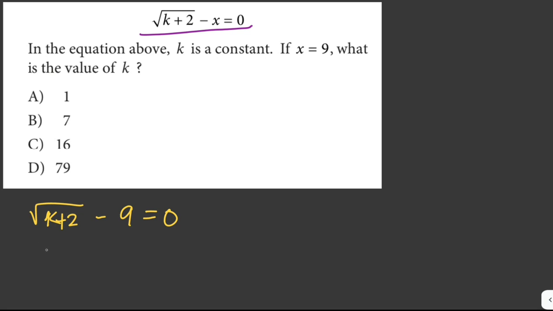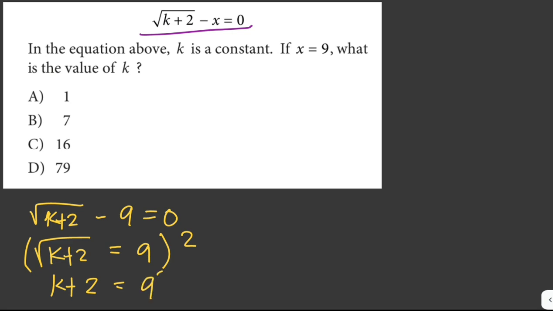And we can write this as square root of k plus 2 equals 9. Squaring both sides, this would give us k plus 2 equals 9 squared.